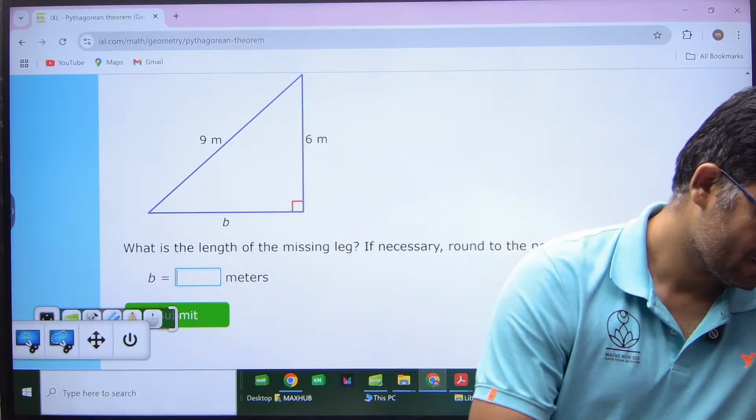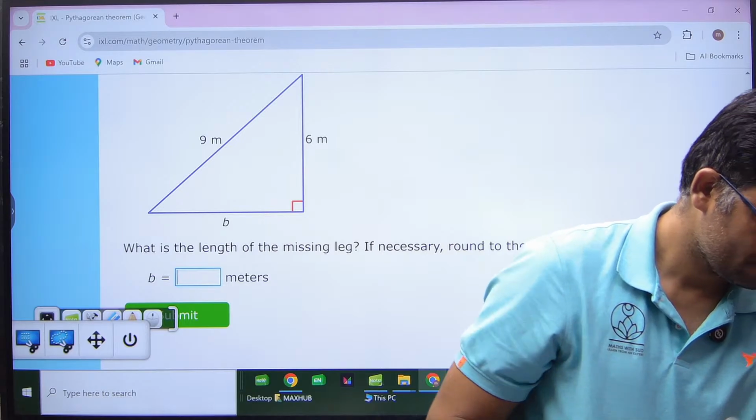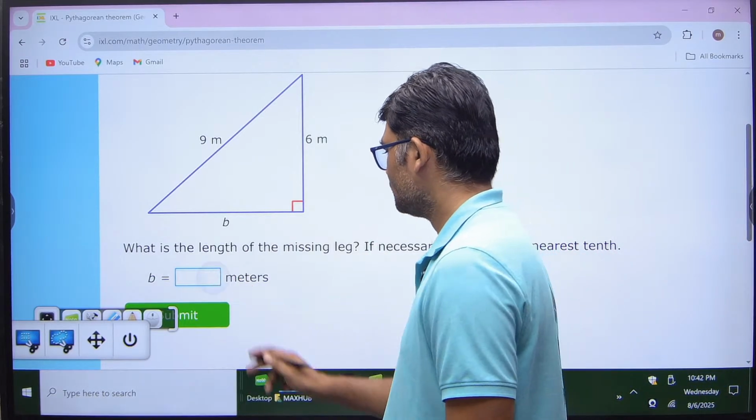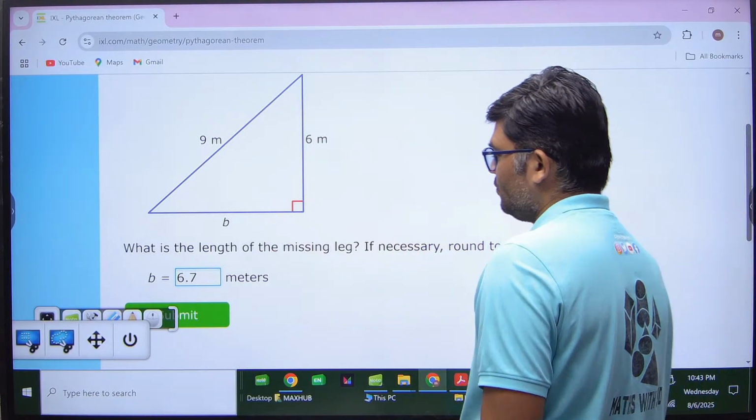Square root of 45 is 6.71. So we will write 6.7 only.